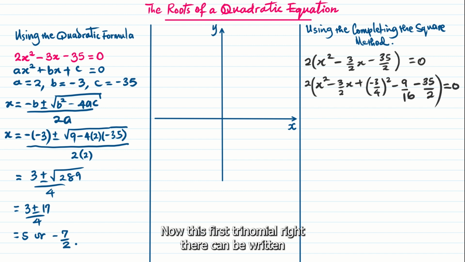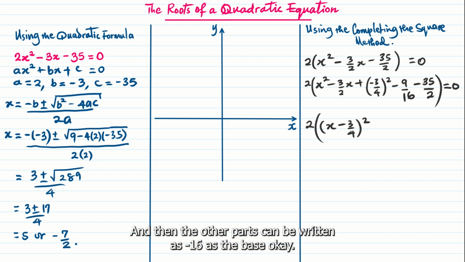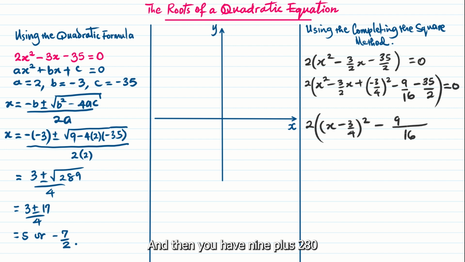Now this first trinomial can be written as x minus 3 over 4 all squared. The other part can be written as minus 16 as the base, and then you have 9 plus 280, equals 0.